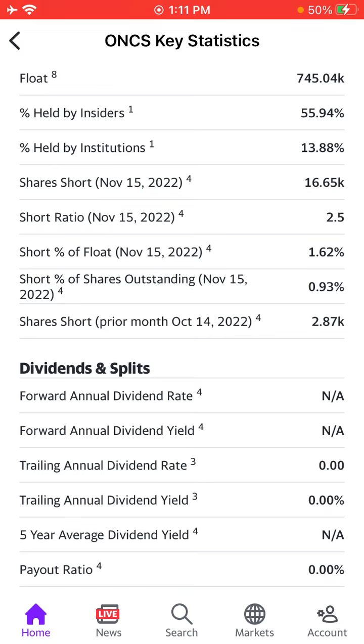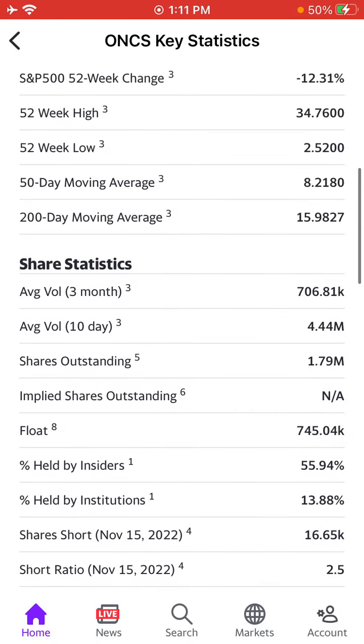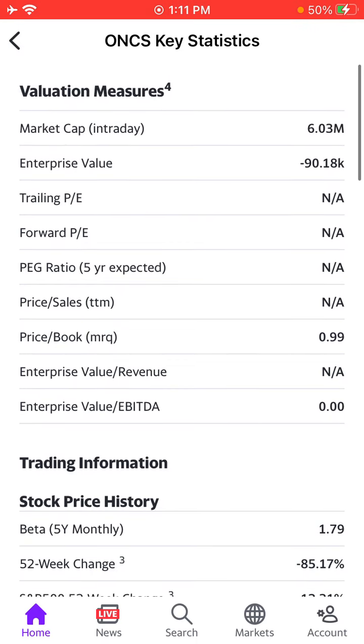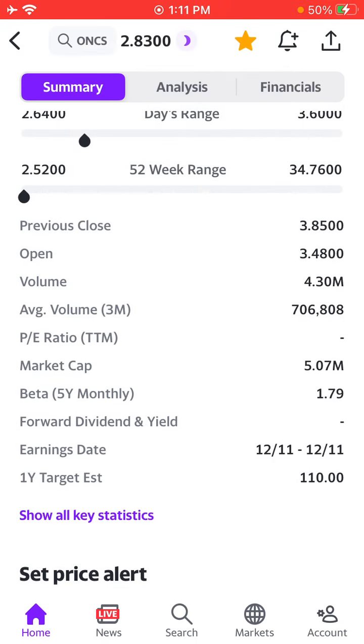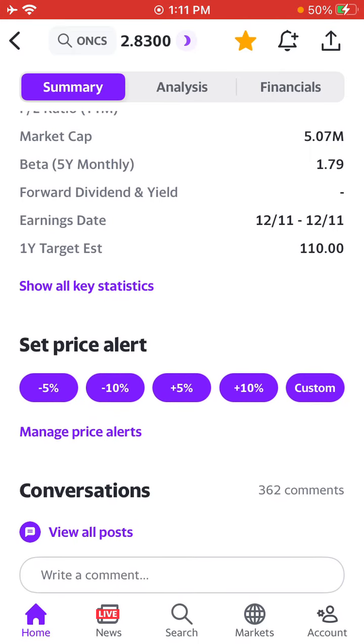So if the float is under 2 million, I say it is a micro float stock. And in this case, it's showing 745K. So the K stands for 1,000. And so here we can see the market cap is very low too. Only 5 million.